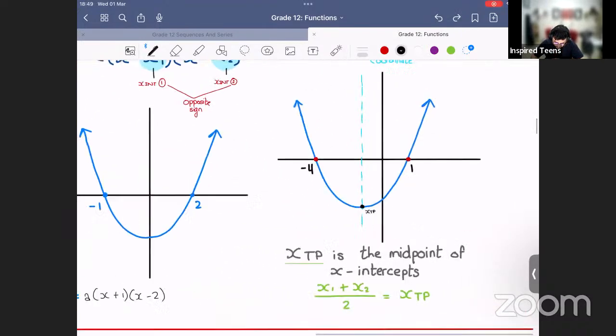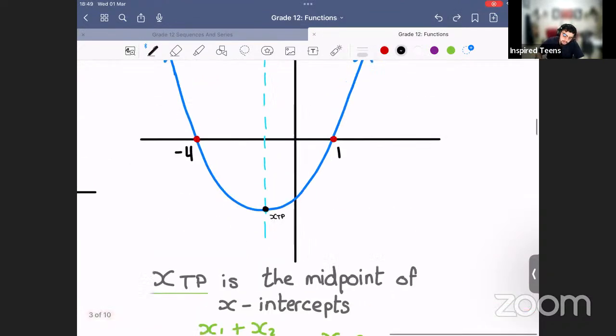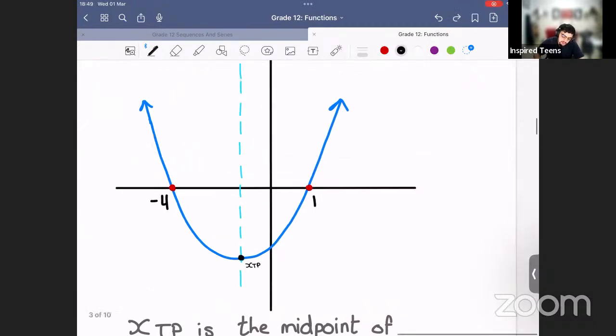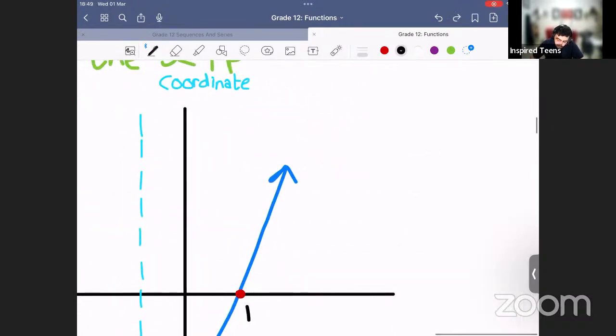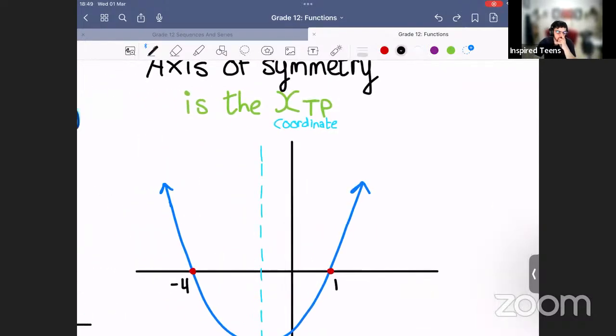So what we can do is utilize the midpoint formula. We can get the midpoint of x-intercept 1 and x-intercept 2, and we will get the x coordinate of the turning point. It's that simple. The midpoint formula is x1 plus x2 over 2.